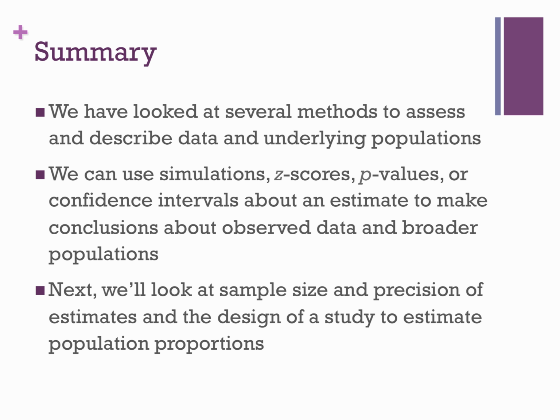So we've now looked at 2 methods to assess and describe data and underlying populations. We can use simulations, z-scores, p-values, or confidence intervals about an estimate to make conclusions about observed data, and then inferences back to our broader population. So remember, our z-scores and our p-values are simply going to test our null and alternative.